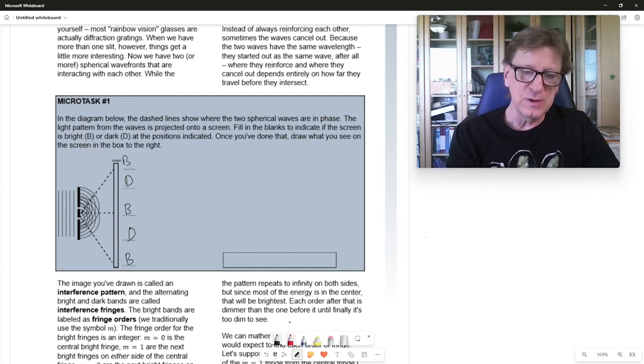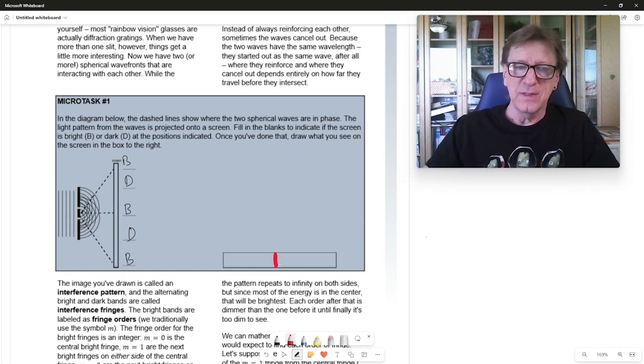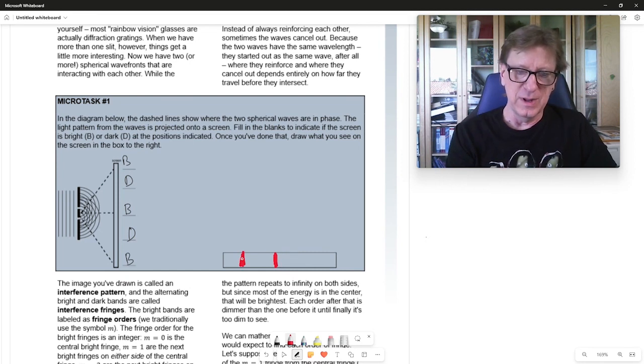All right, so now if we're going to color in what that looks like, and I'm going to do this kind of off, let's do it in red. So let's say I had a red laser, then I'll get that central bright point in the middle. And then we would have this one over here, and maybe they're going to be fairly big. And then I would have this over here.